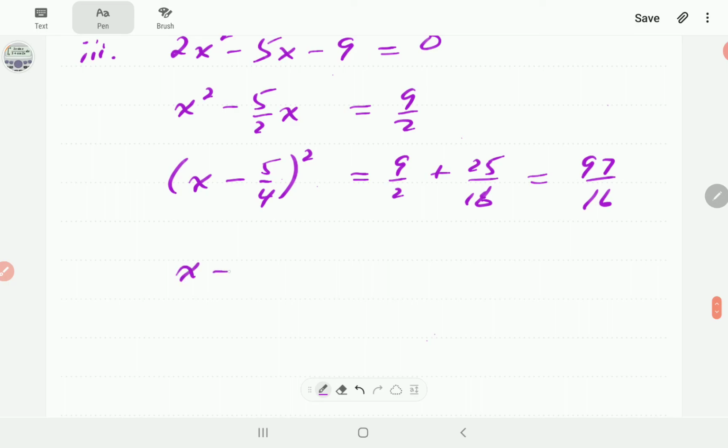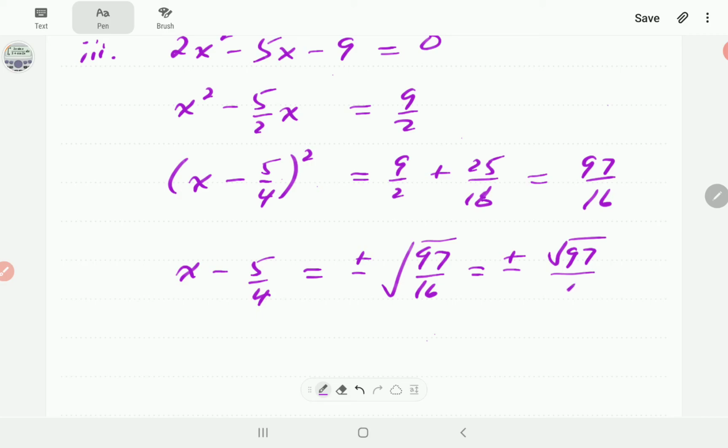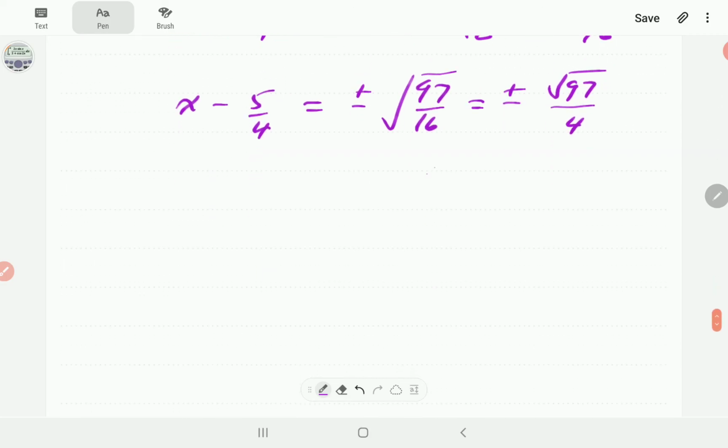Taking the square root on both sides, this is going to be plus or minus the square root of 97 over 16, which is plus or minus the square root of 97 divided by 4.